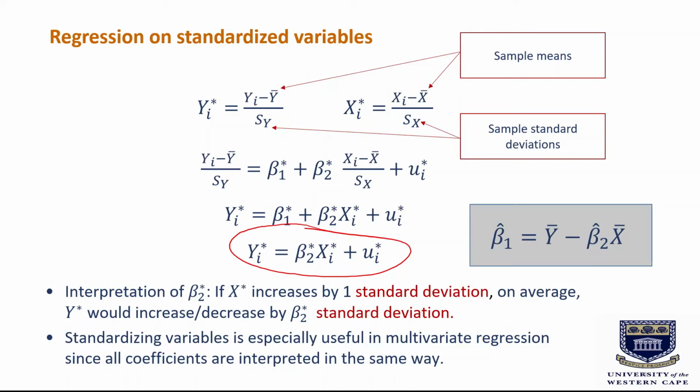So things are interpreted in terms of standard deviations, and that gives you a sense of the scale of a given change as well, in terms of the distribution. It's not just an absolute value. And again, the ability to compare the relative effect of different parameters is also very useful in a multivariate regression.